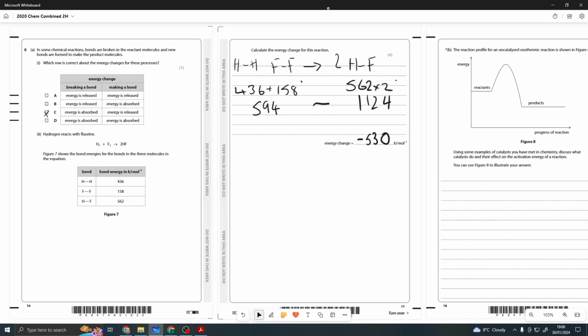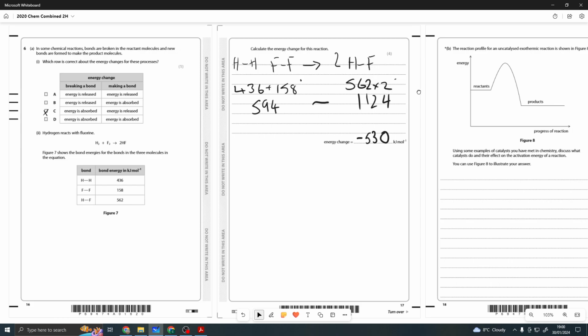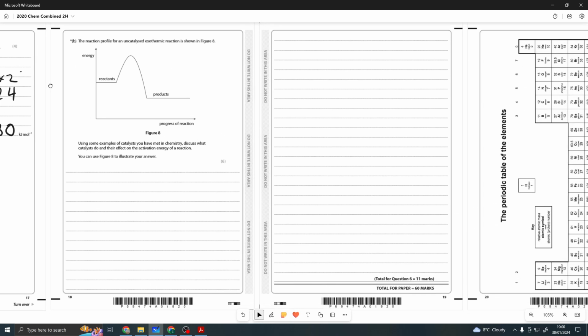Now, I remember this question from last year. The memories are flooding back. This was, I would say, without a doubt, the worst 6-mark question I have ever seen. To score above 2 marks, you have to be able to identify a catalyzed reaction, a reaction that uses a catalyst.